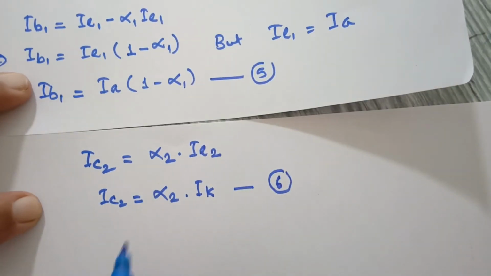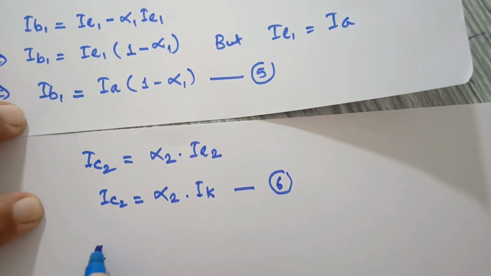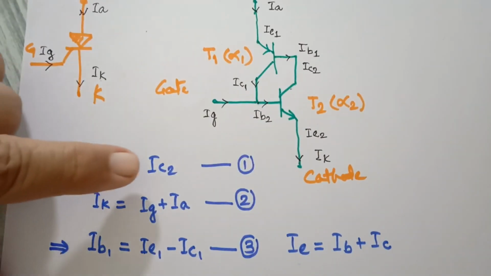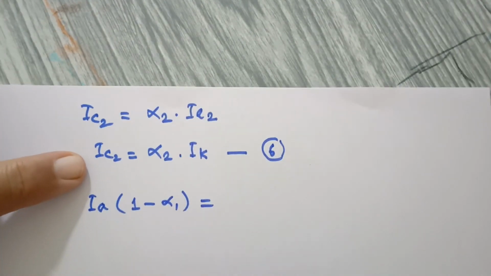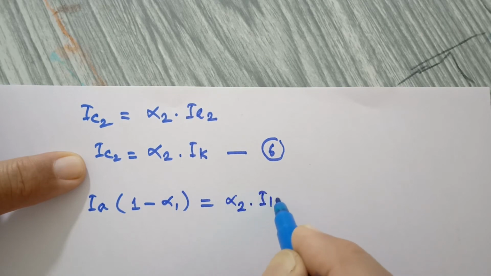So on the left hand side we have IB1, which can be expressed as IA into 1 minus alpha 1, that is equal to IC2. And IC2 is alpha 2 into IK.